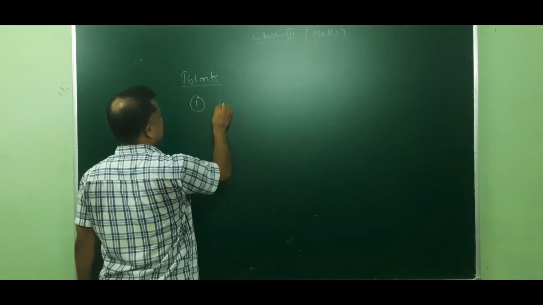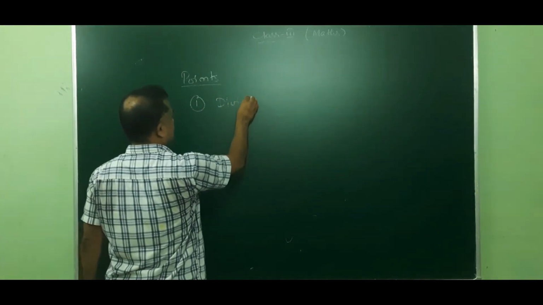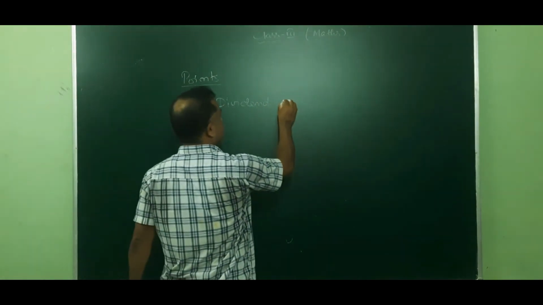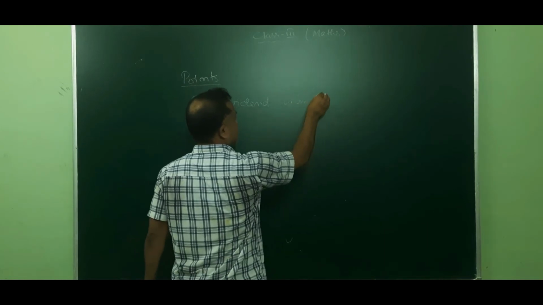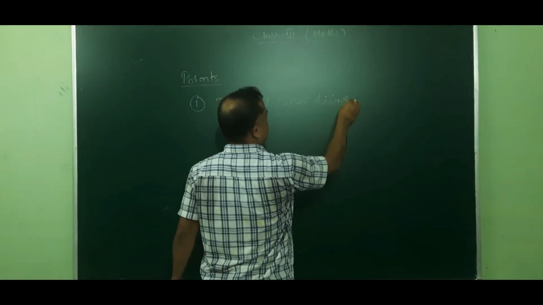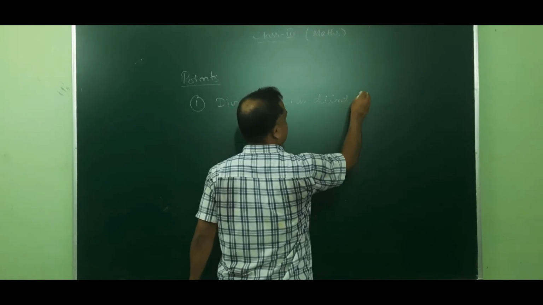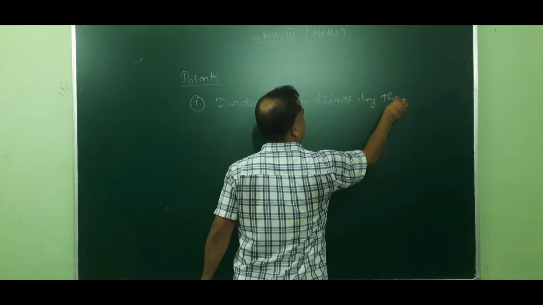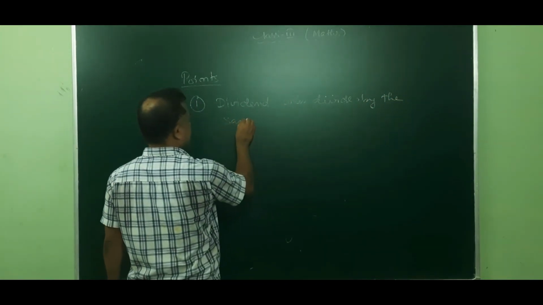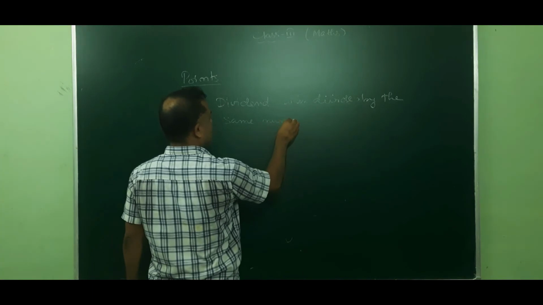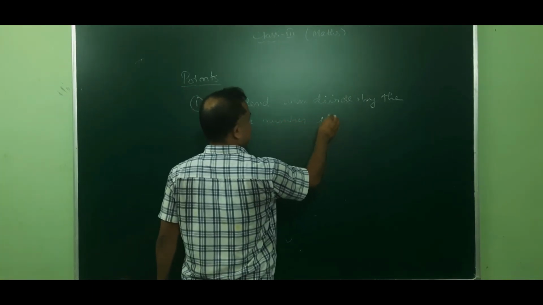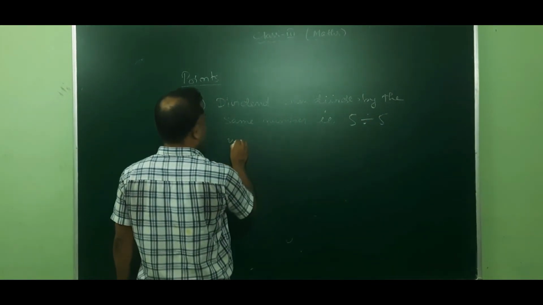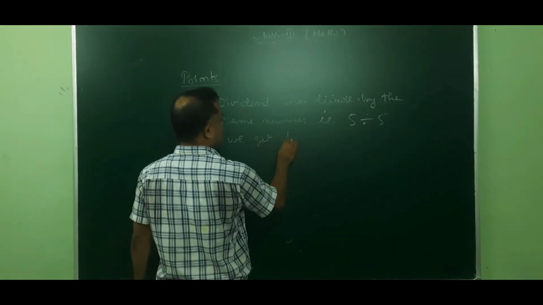Number 1 point is: when we divide a dividend by the same number, that is 5 divided by 5, we get 1.